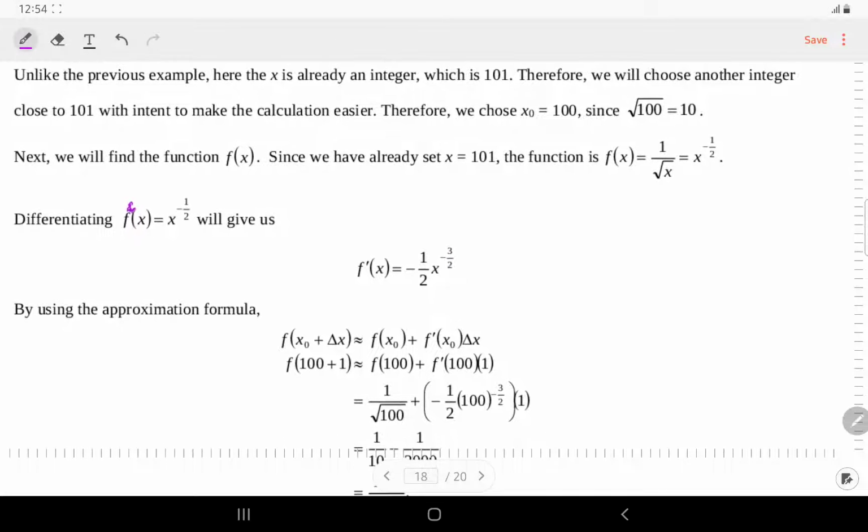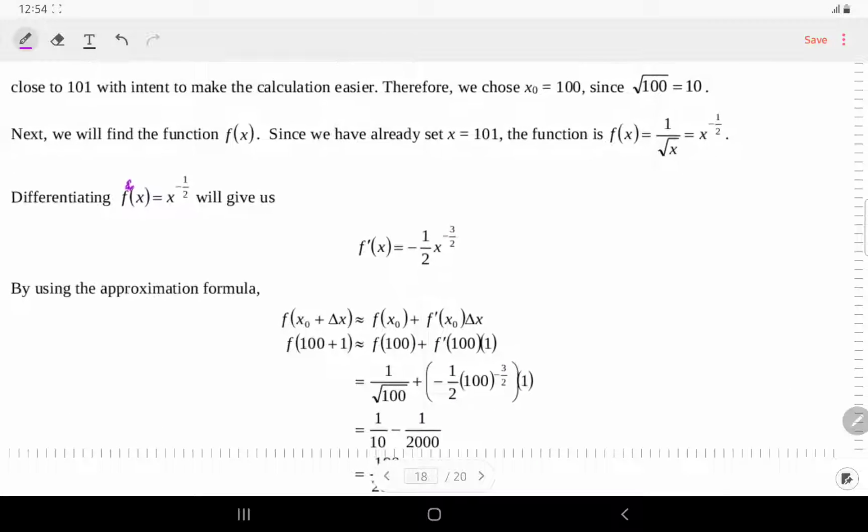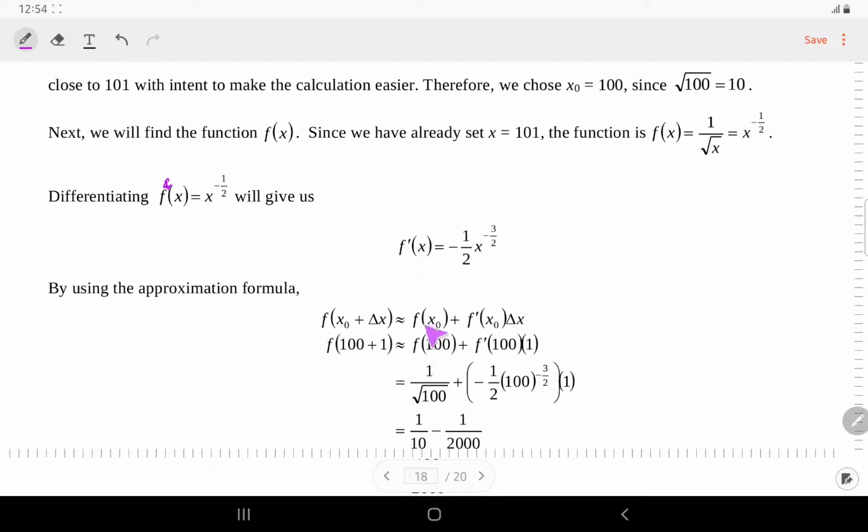And then just insert into the formula for differential, where our x naught is 100. So we get f(100) plus f prime 100 multiply with the difference of x, which is 1.